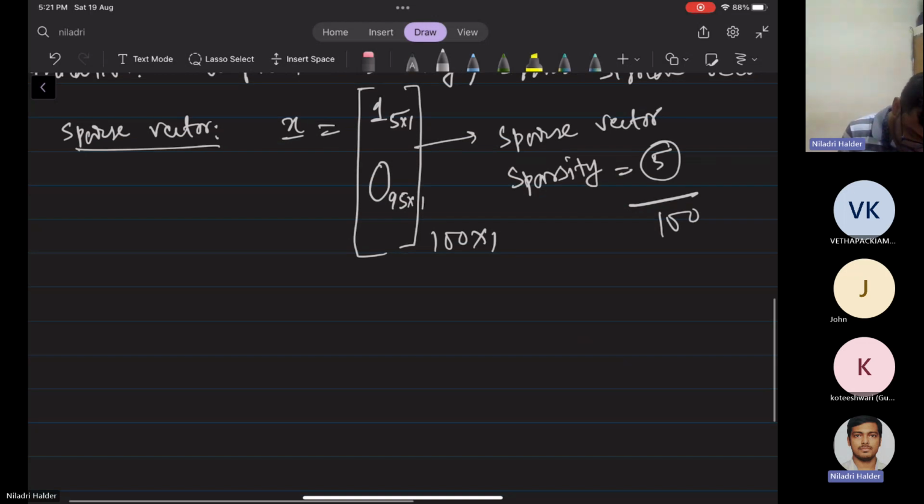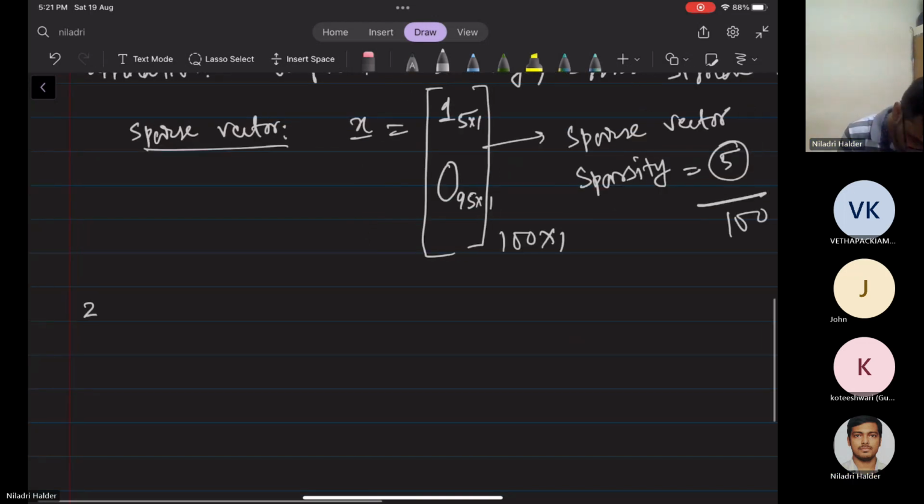Now the next topic: the professor mentioned some properties which will be helpful in the later context.